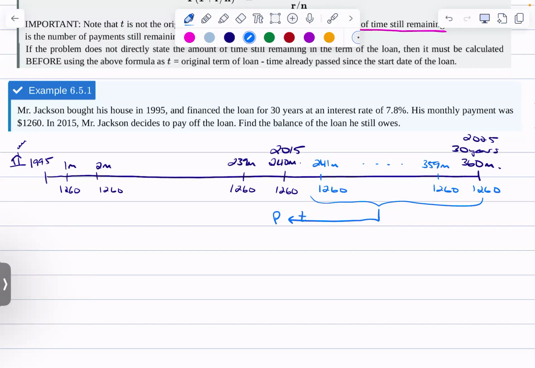The easiest way to do that is just to find T, right? Because we know N is 12, he's making monthly payments. So then we can do that math. Otherwise, N times T would be 360 minus 240, right? But we can just stick to the script and say, okay, between 2015 and 2025, there are 10 years. He's committed to making monthly payments of $1,260 for 10 years.